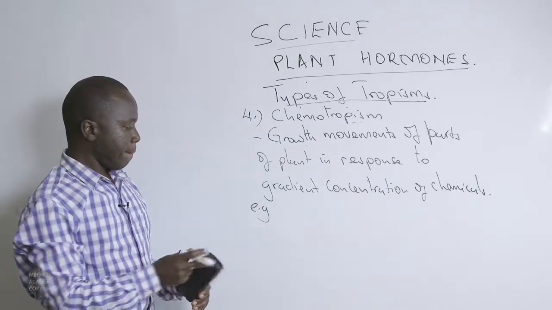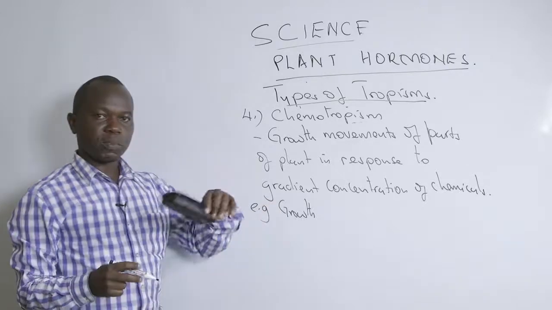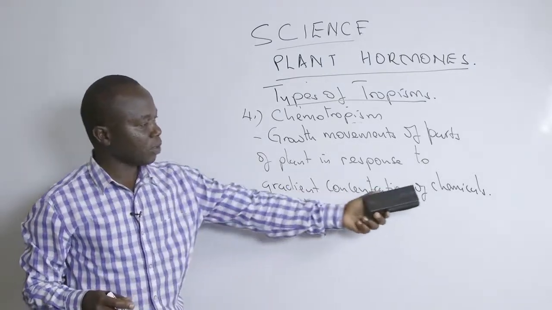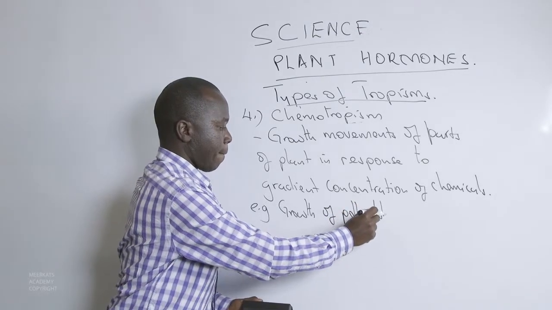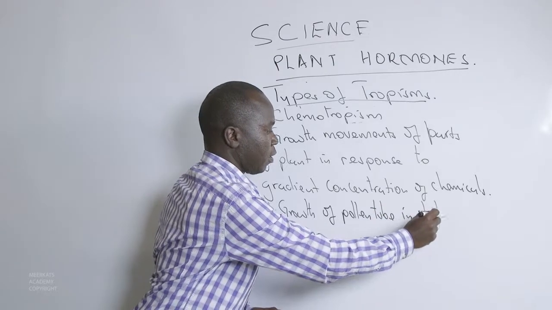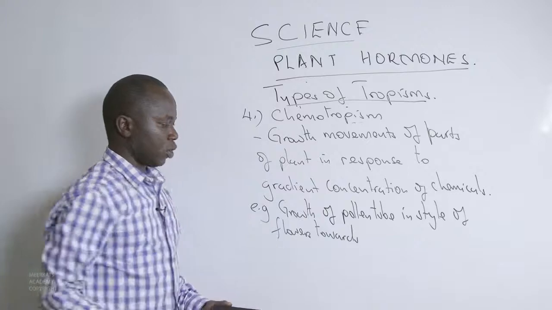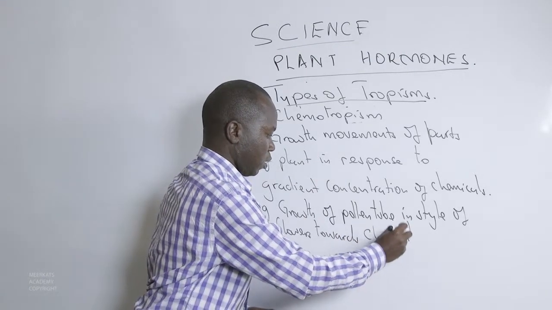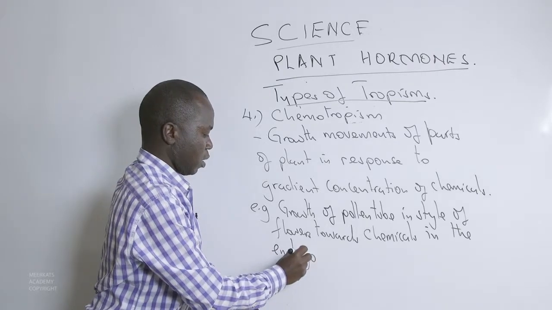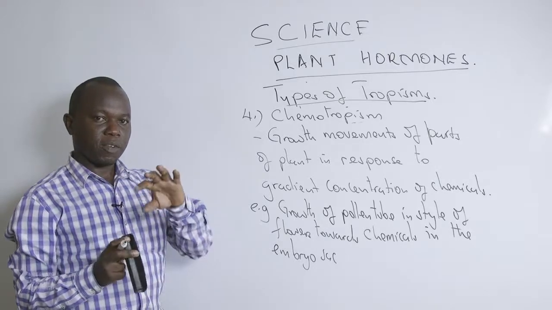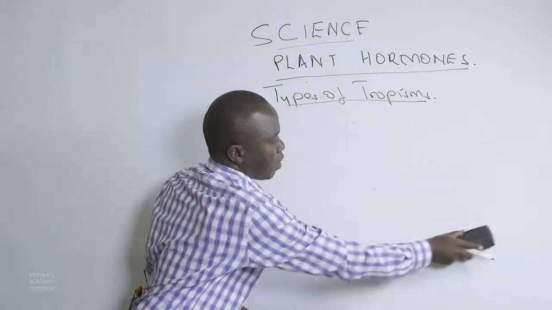We can give an example here because it's not very common to ascertain, for example, growth of pollen tube. The pollen tube grows through the style toward the embryo sac in response to chemicals that are secreted in the embryo sac. Growth of pollen tube in style of flowers toward chemicals in the embryo sac. Embryo sac, that structure in the ovule, is what we call the embryo sac. And then the last one, thigmotropism.